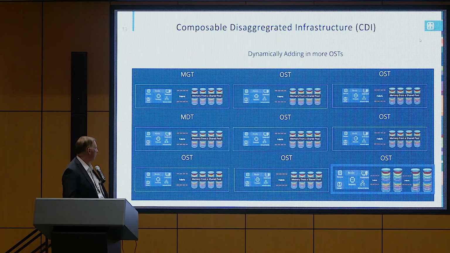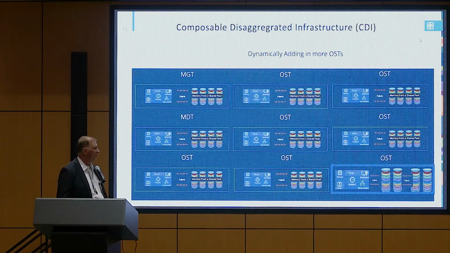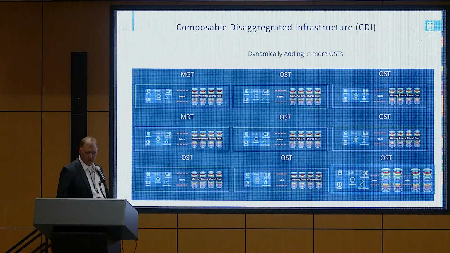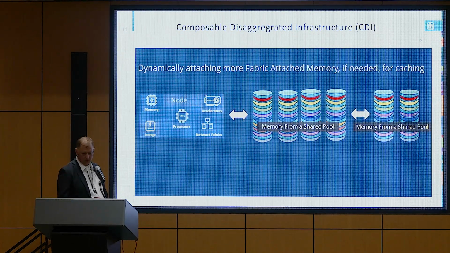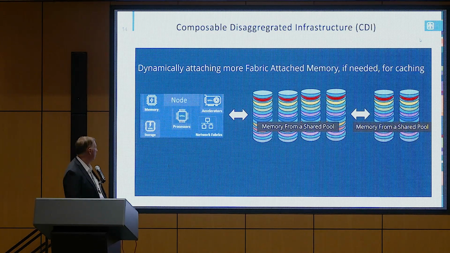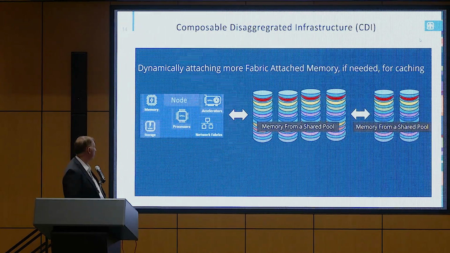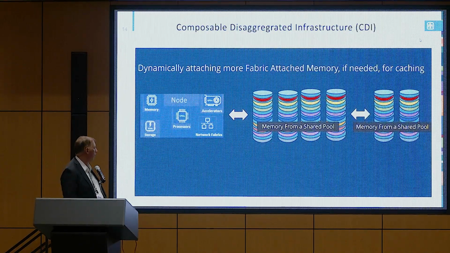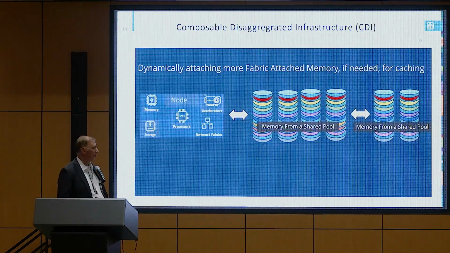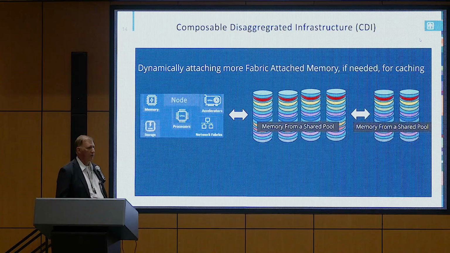One is that I can dynamically add more OSTs as I want to. If I want more OSTs, I just attach them in. I can also dynamically attach more fabric attached memory. I can take memory from a shared pool and augment a node with it. And if I need more memory for a batch job, I can add that memory in right away too.